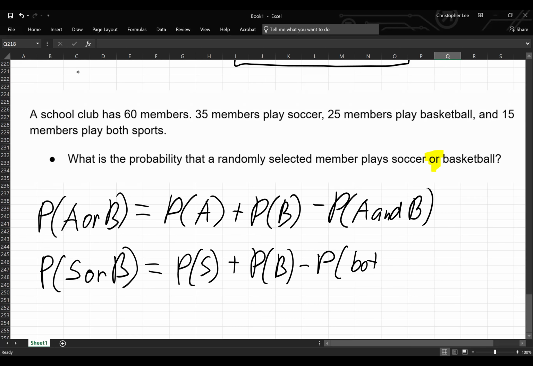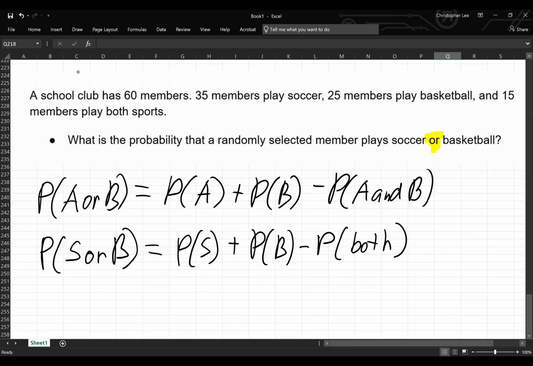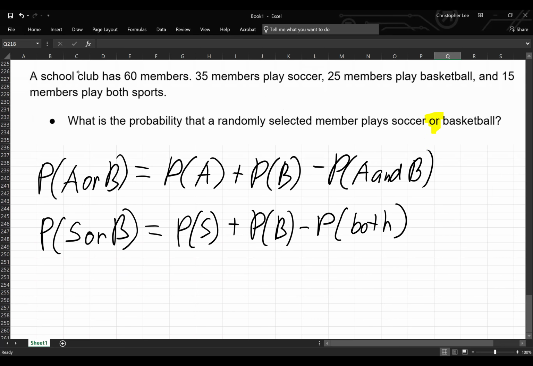So S is soccer and B is basketball. All right, let me write it down.